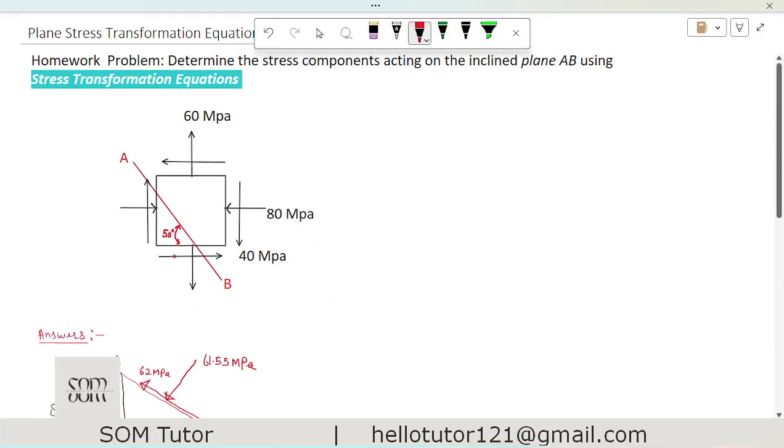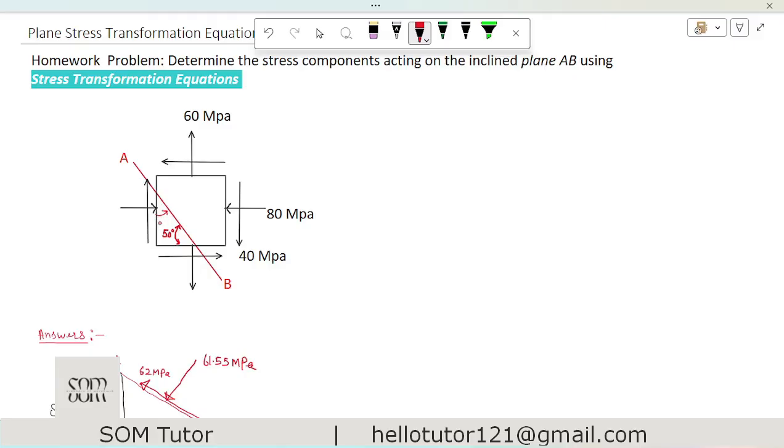So basically we can solve this problem two ways. First, we can assume a clockwise rotation of the horizontal plane by 50 degrees, or we can assume an anti-clockwise rotation of the vertical plane. So if we assume the horizontal plane is rotated by 50 degrees clockwise, that is one way of solving, and the other way is the vertical plane with an anti-clockwise rotation.